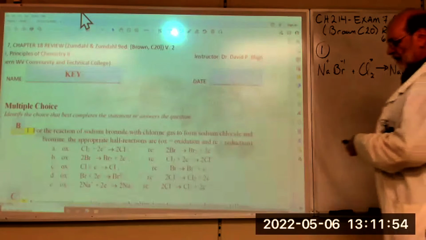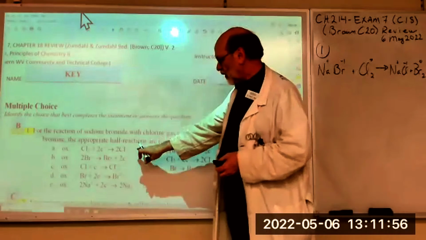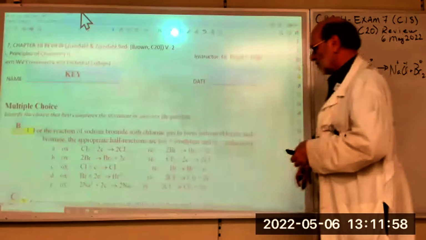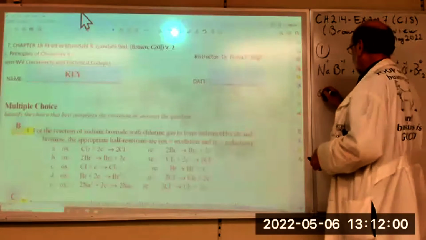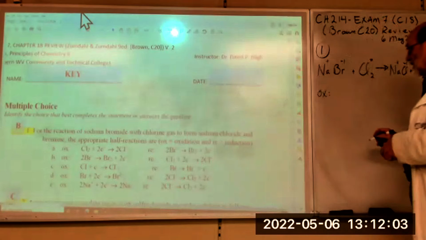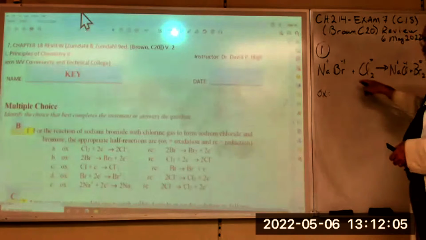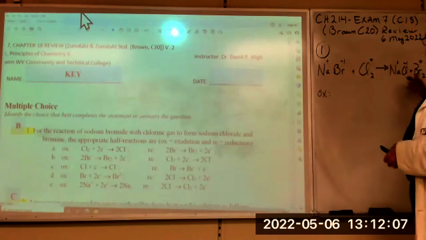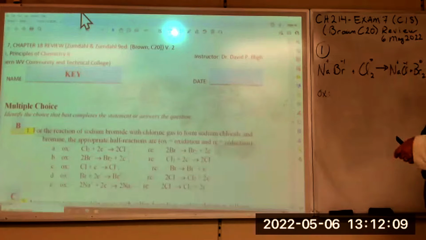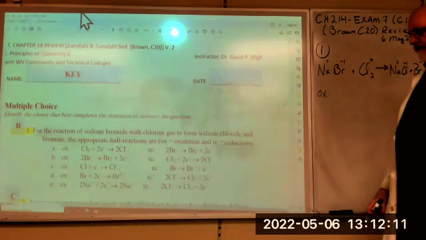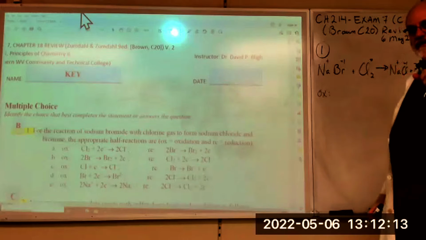So which one, we look at the way the answers are given. Oxidation first, reduction second. So the oxidation step is going to be loss of electrons. We go from bromine's -1 to 0, which is a loss of electrons. But there's another kicker here.